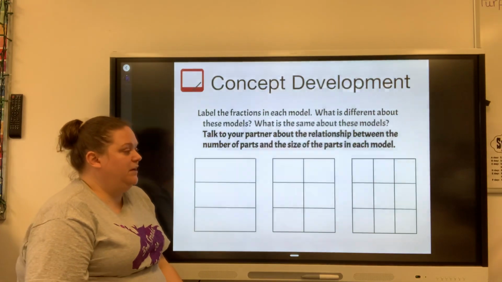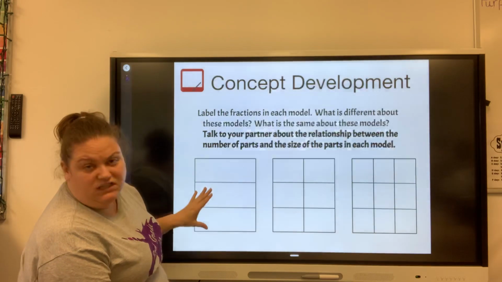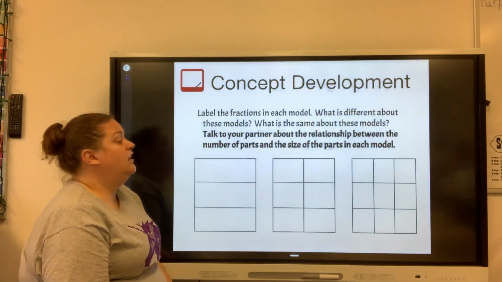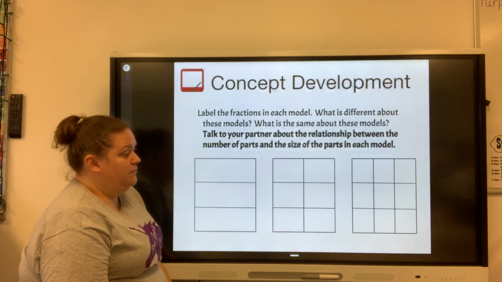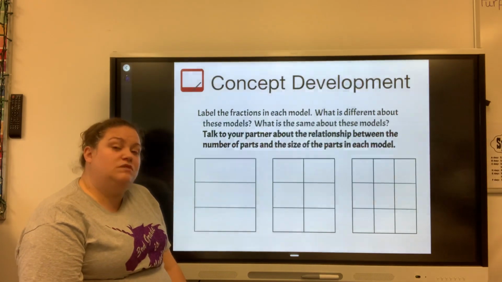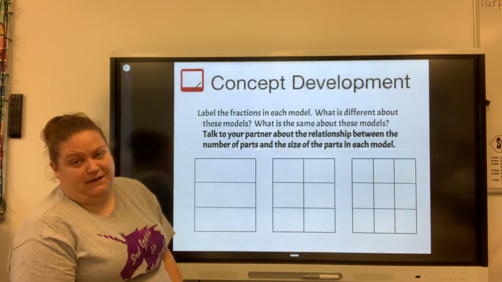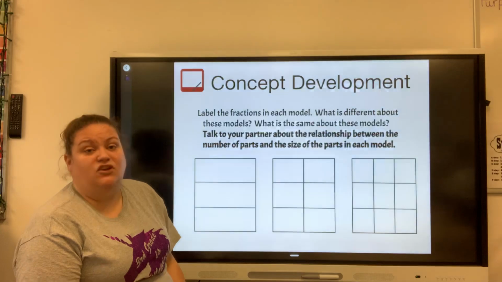So what's different about them? This one's going to give you smaller pieces than this one or this one. This one's going to give you the largest pieces. What is the same about these models? They're the exact same size whole. We've just divided them into smaller pieces. So if I put them all on top of each other, they would be the same. So the whole is equivalent.